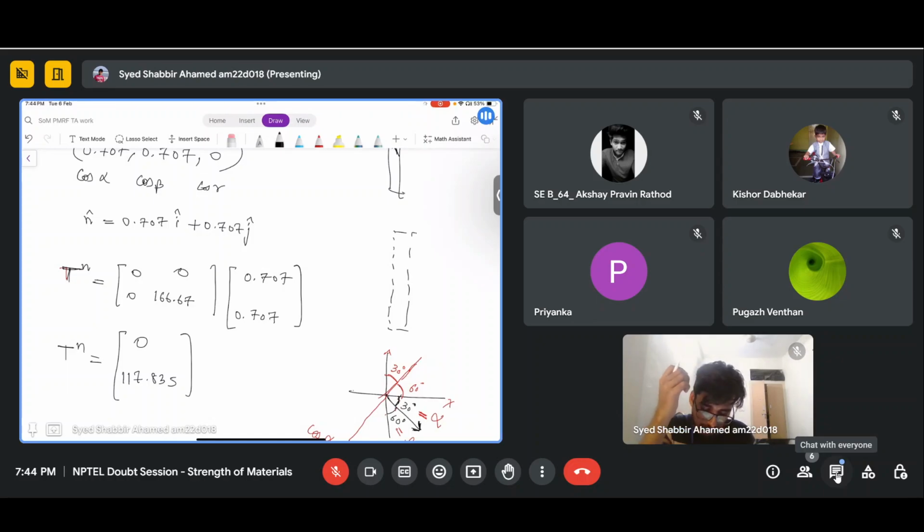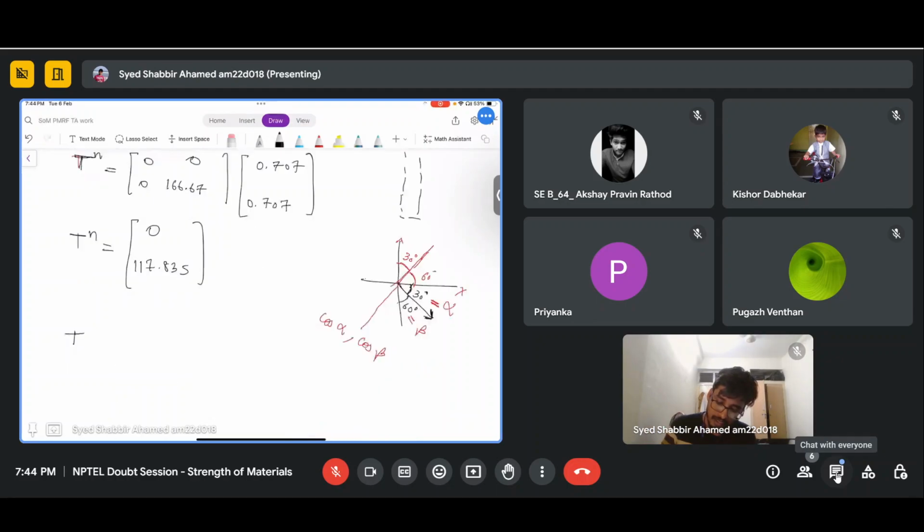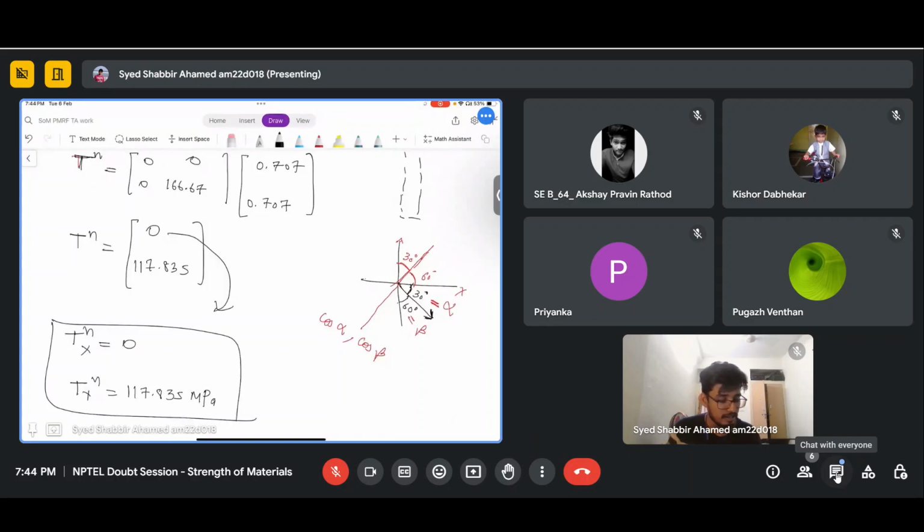So here Txn, the x component, is 0 and Tyn is 117.835 megapascal. This is how we calculate the components of the stress vector. I've cross checked.